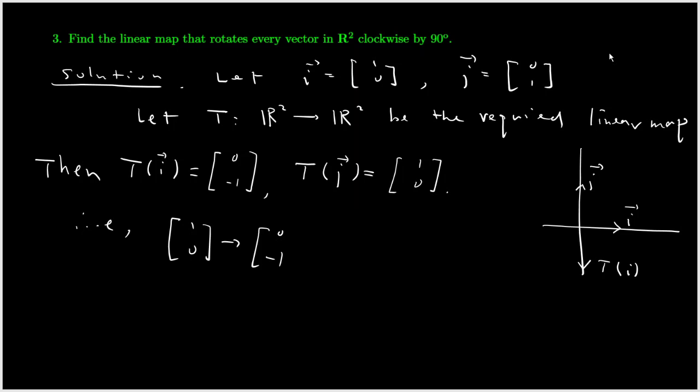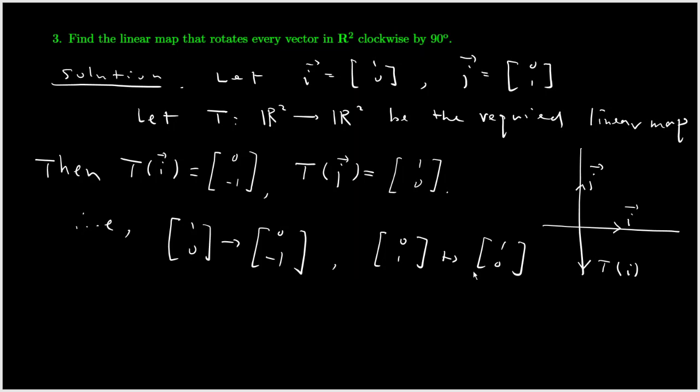So (1, 0) goes to (0, -1), and (0, 1) goes to (1, 0). For the notations, these two things are equivalent. This line is equivalent to that line. The top line, the first line, is the function notation. The second line is the new notation we introduced last time.